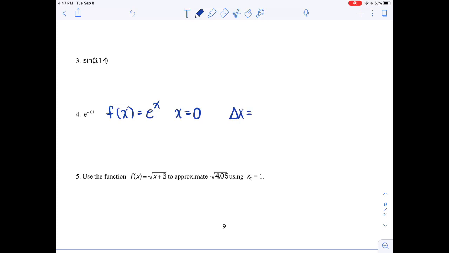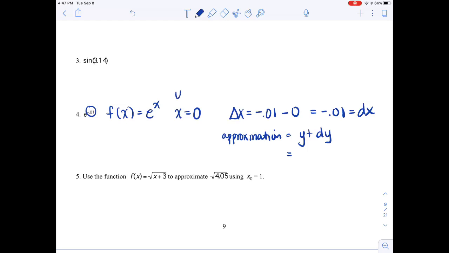My delta x is going to come from what I'm technically plugging in that I'm trying to approximate, negative 0.01, minus whatever my x is, x equals 0 in this case. So negative 0.01 is going to be my delta x, which is also dx. Okay, your approximation is going to come from y plus dy.